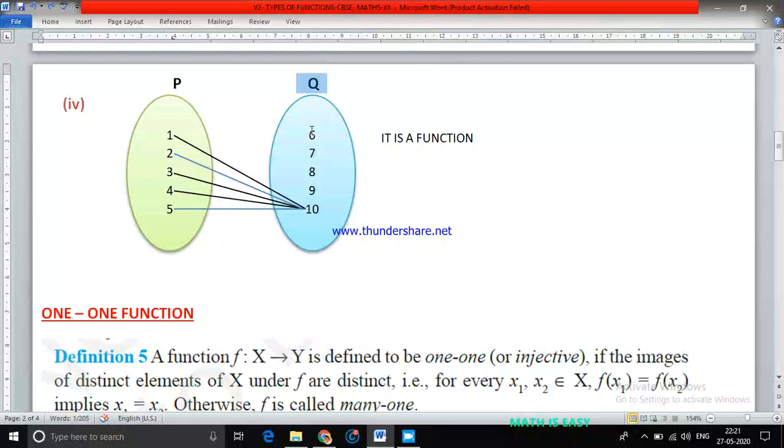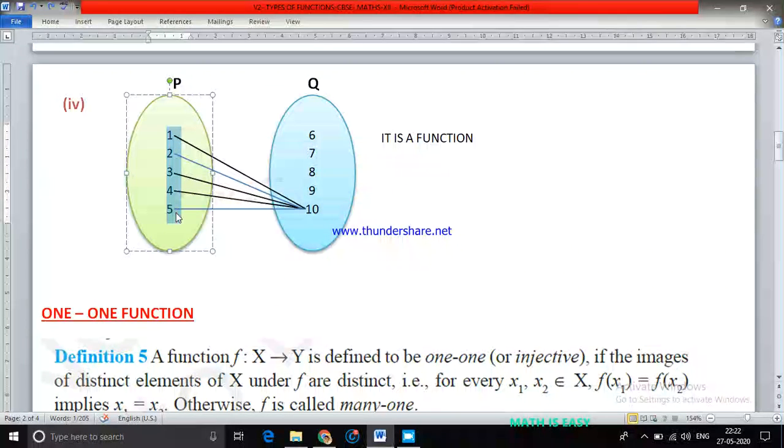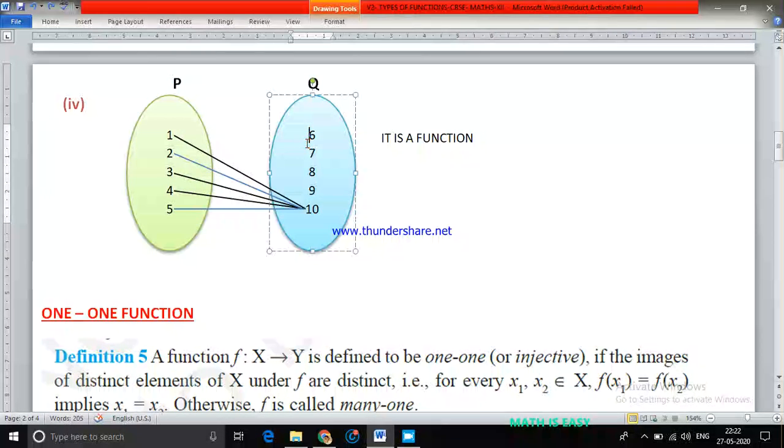If it is a function from P to Q, then I have to see that every element of P has an image, yes, and that the image is unique, yes, then it is a function. So don't worry about the elements of Q when I define a function.